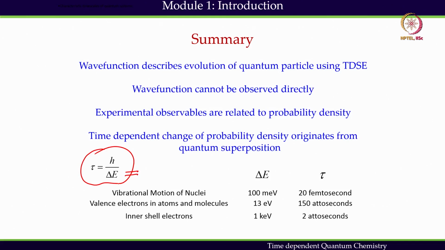So if I create a superposition state or vibrational superposition state, because vibrational spacing is very small, its time would be much longer than for the electronic superposition state. For the electronic superposition state, delta E is much larger, and that's why the time scale of the density oscillation we should observe is much faster. So with this, we will end this module.